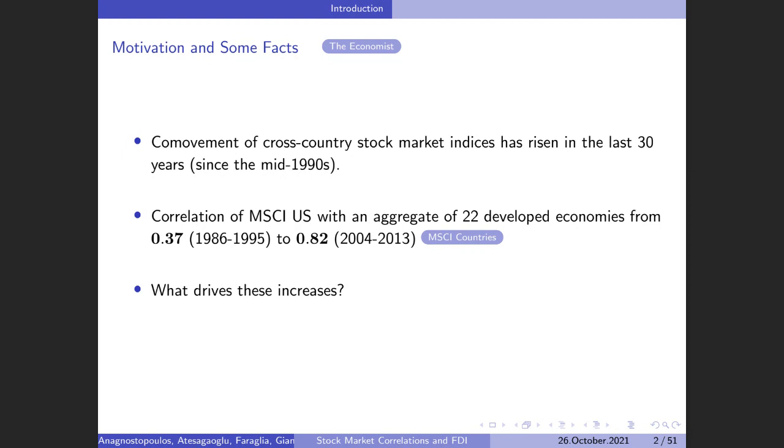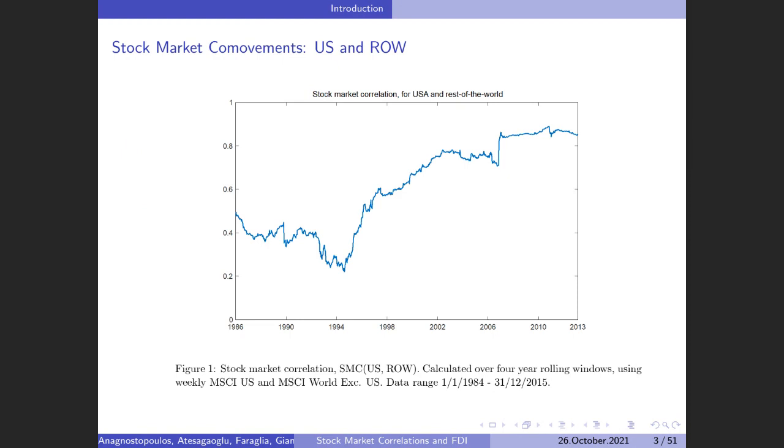We calculate the correlations for 4-year intervals, and then we plot these average correlations to see how they change over time. What we observe is that while between 1986 and 1995 the correlation was around 0.37, it sharply started to increase in the mid-1990s, and in the 2000s it reached a plateau of 0.8.